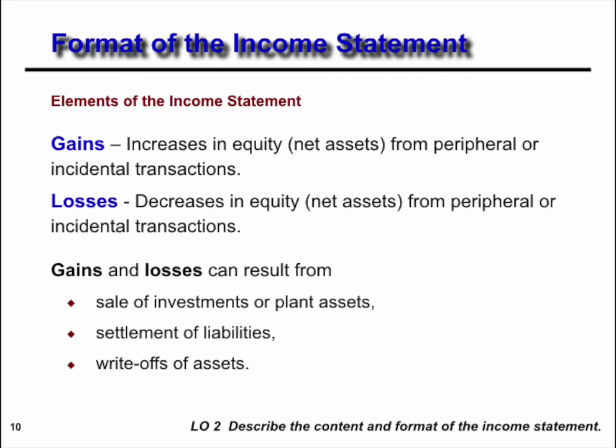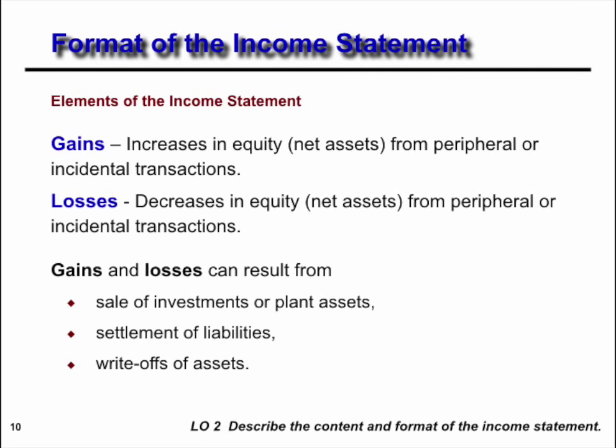The revenues and expenses belong only to the operating activities of the company, the day-to-day operations. And the gains and losses reflect the non-operating activities. Usually, they belong to the long-term assets and liabilities. When a long-term asset is sold, for example an investment or plant asset, there's a gain.